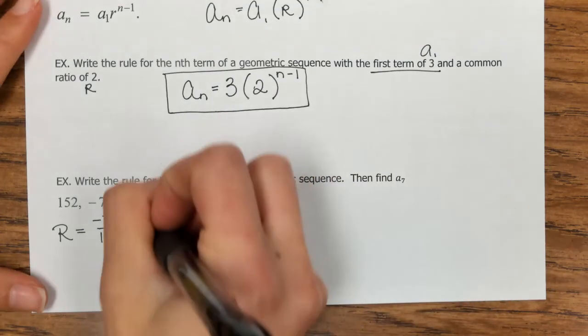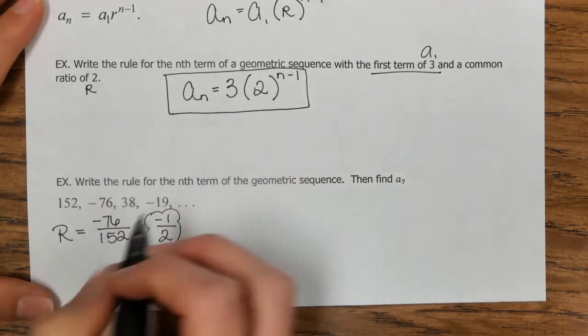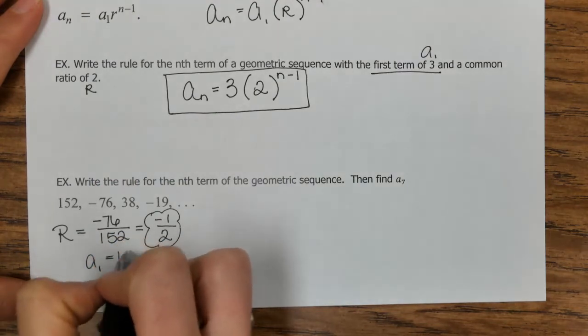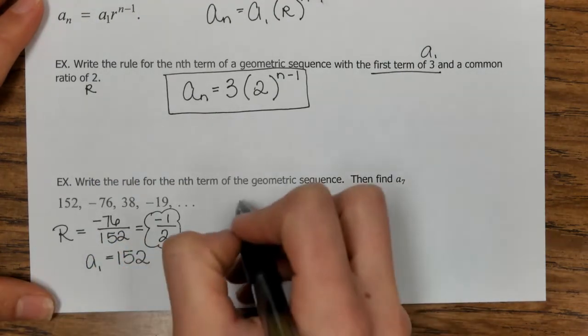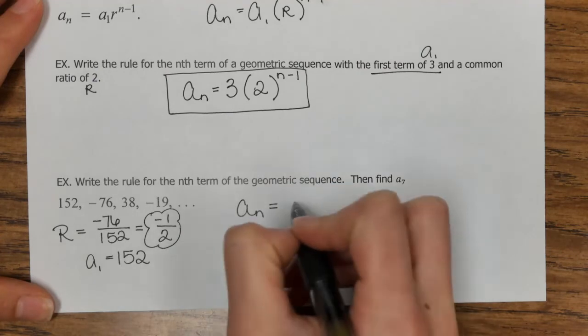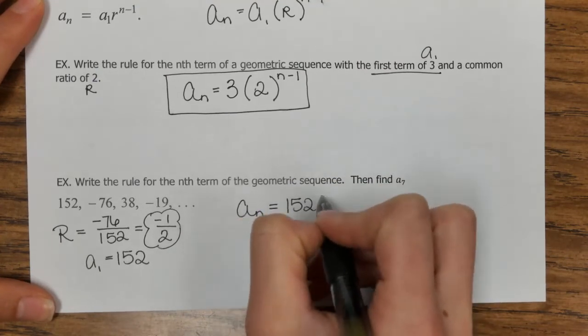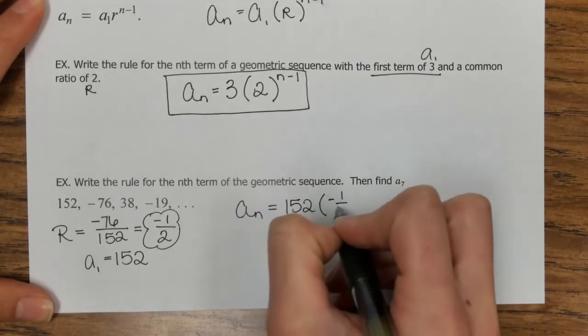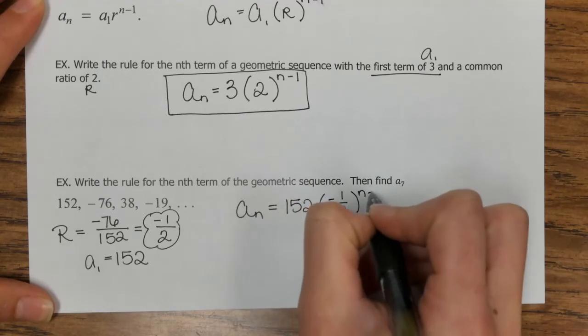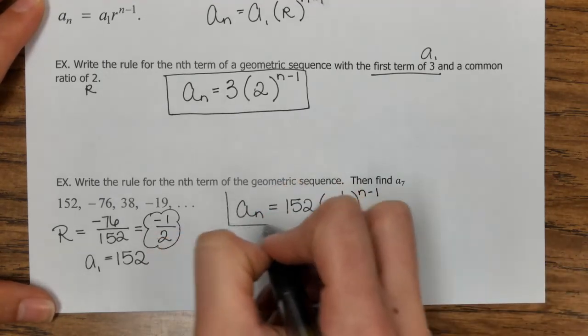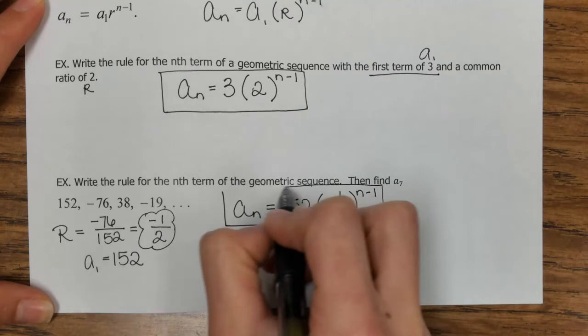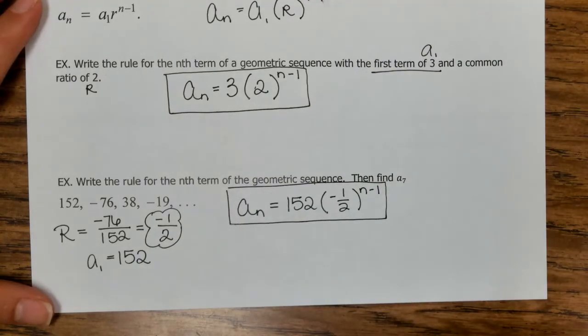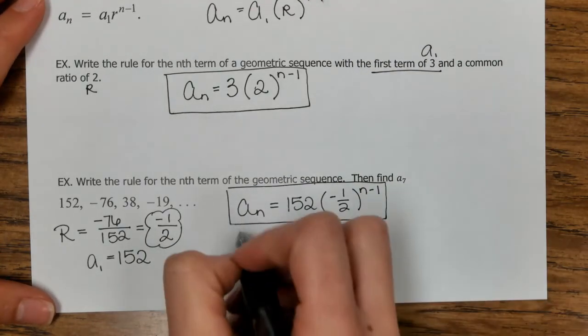So here's my common ratio. My A1 is 152. So my equation, AN equals 152 times negative 1/2 raised to the n minus 1 power. Okay, then find A7.